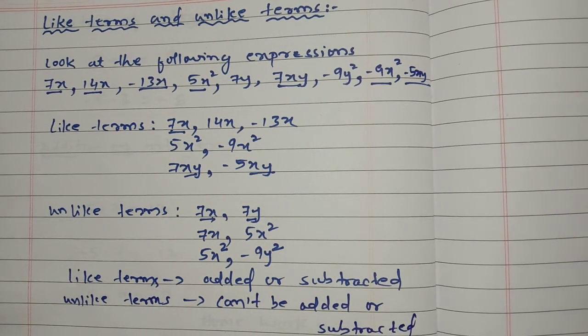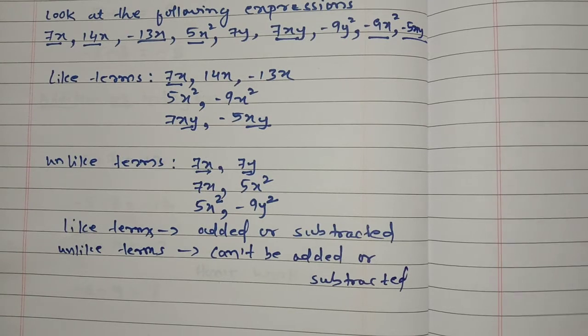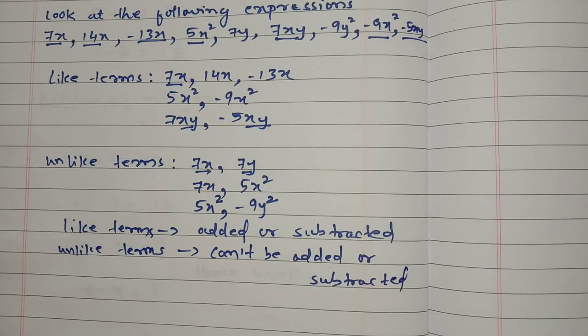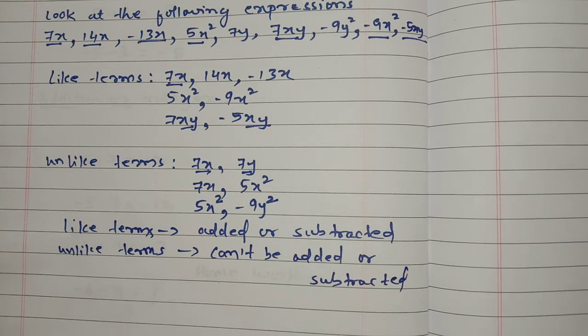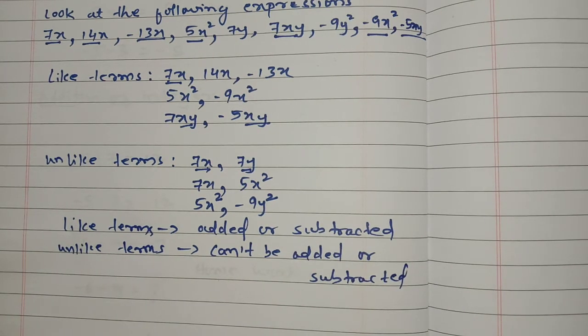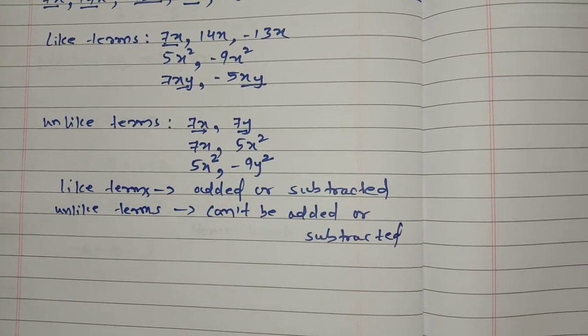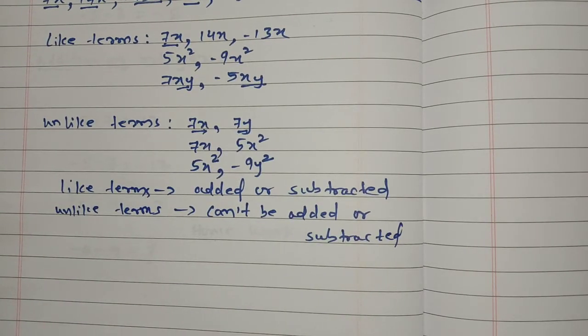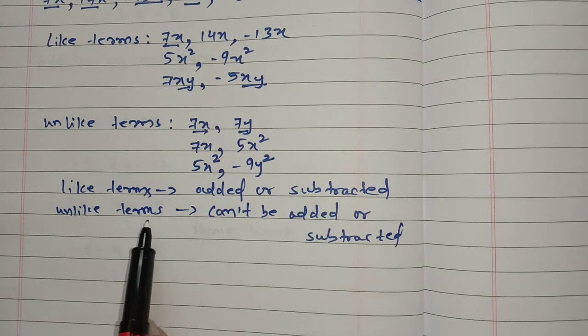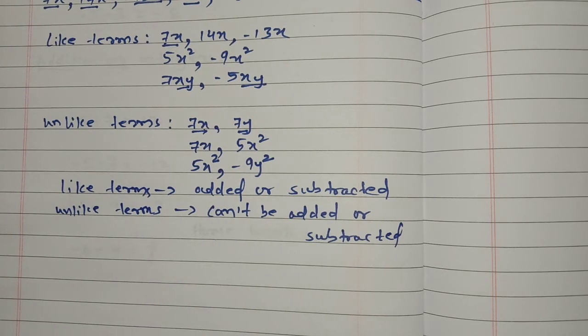Now I will show you some examples. This is very important, students. If you know how to add like terms and unlike terms, then you can solve the problem. Otherwise you cannot. Even in higher education you should know this. You cannot add unlike terms. You can only add like terms.